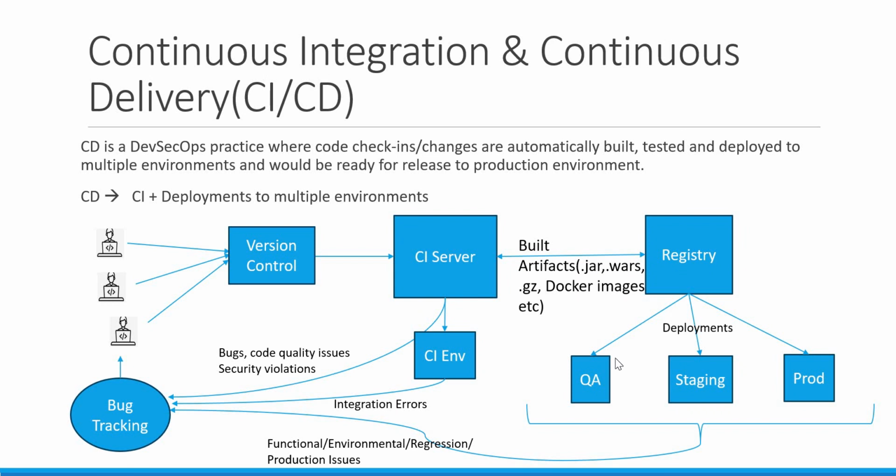In addition to the deployment, the functional testing, the regression testing, and other forms of testing which are part of the pipeline need to be automated so that the deployments can happen automatically in multiple environments whenever any check-in happens to the version control tool. So the combination of all processes will help us to implement the CI/CD pipeline successfully.